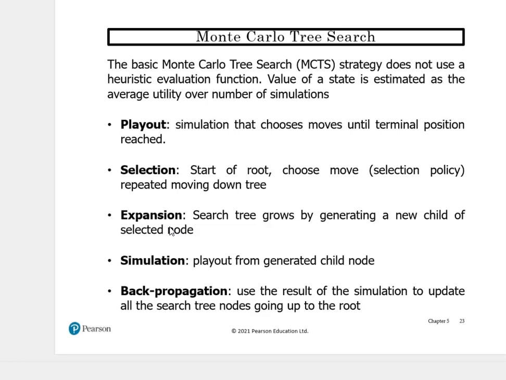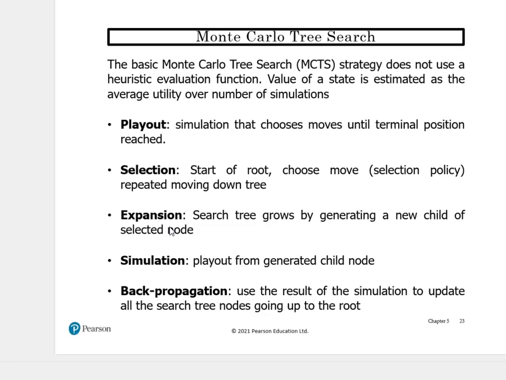We keep going with our simulation until we reach a terminal value. Now, for games in which there's only one outcome, win or lose, the average utility is the same as the win percentage. So out of 100 simulations from a given state, how many times did max win, or how many times did min win, and that gives us the average utility at that given state.